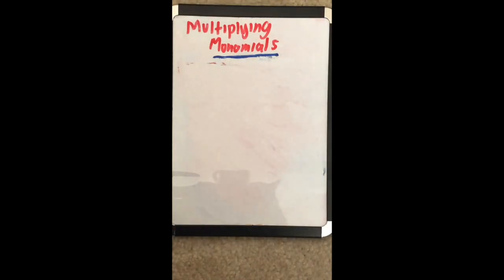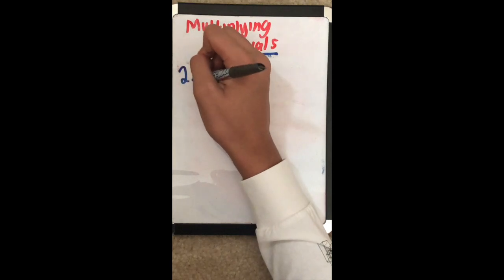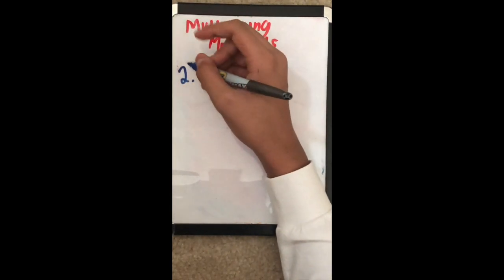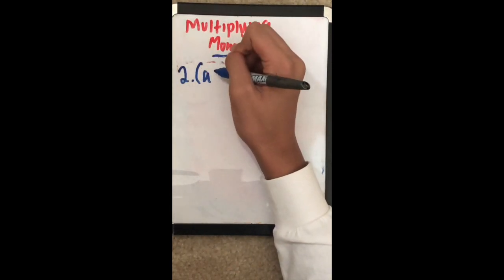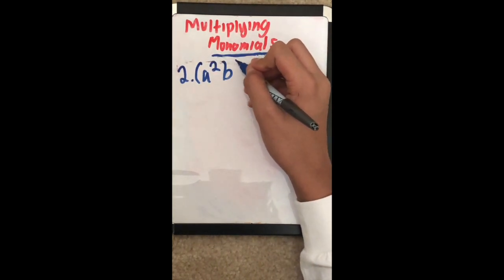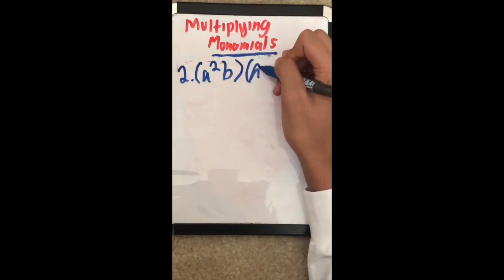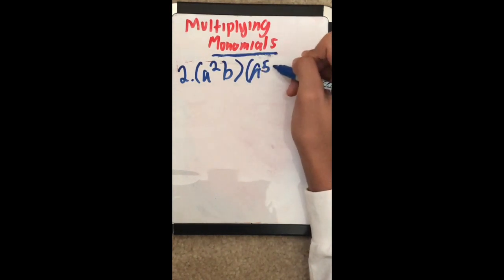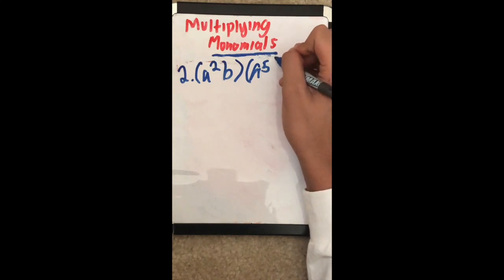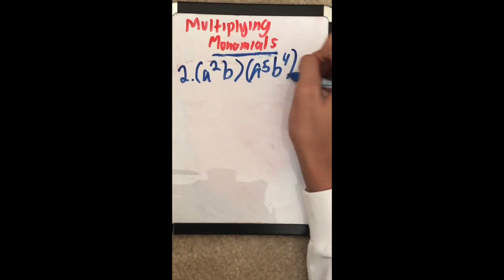So now that we did part 1 of the question, let's do question number 2. This is a little bit harder. Question number 2 is (a squared b)(a to the 5 b to the 4).